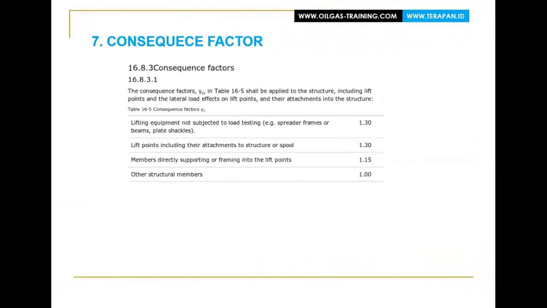Another factor is the consequence factor. The consequence factor is used for objects or parts that are directly connected to the lifting point. The first value is 1.3 that we apply to parts that are directly related to the lifting point, for example such as the pad eye, or the structure where the pad eye is located.